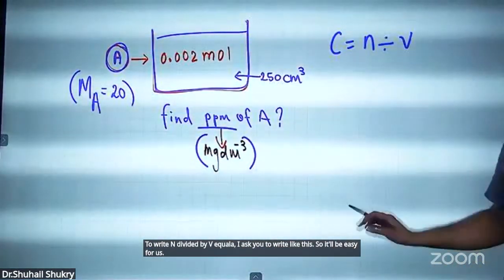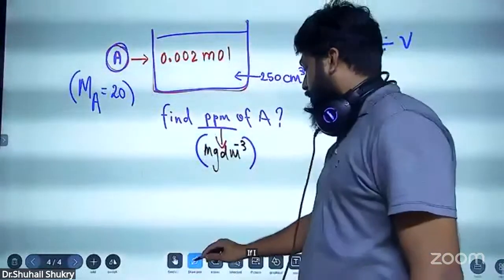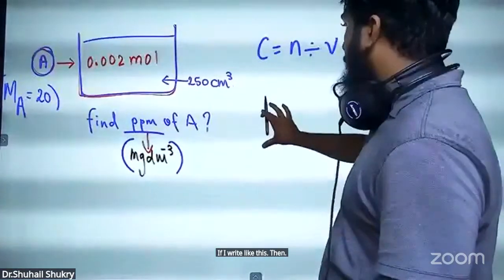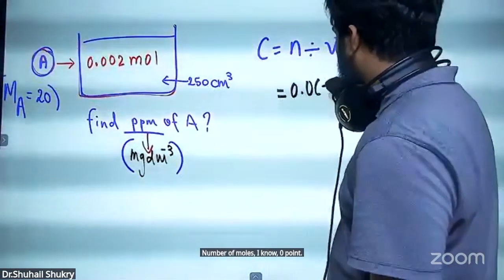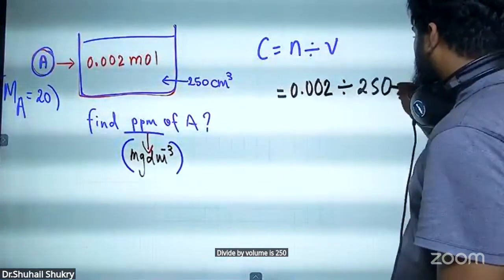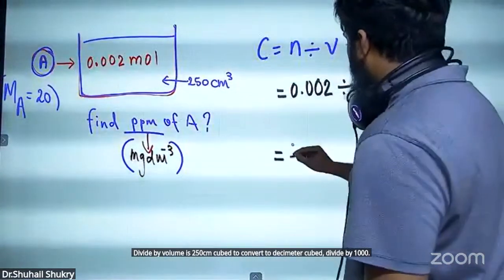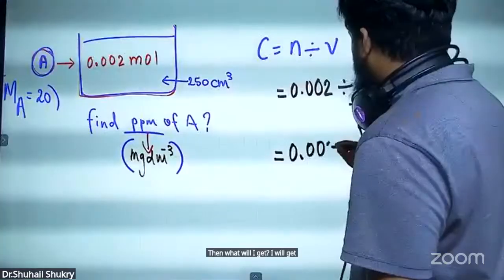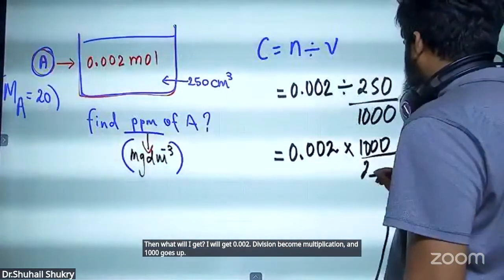If I write C equals n divided by V, then the number of moles I know is 0.002, divided by the volume, 250 centimeter cube. To convert to decimeter cube, divide by 1000. Then I get 0.002, division becomes multiplication, so 1000 goes up and 250 comes down.